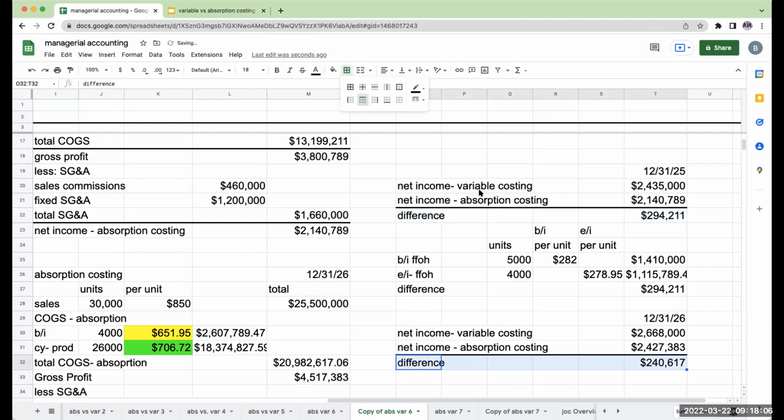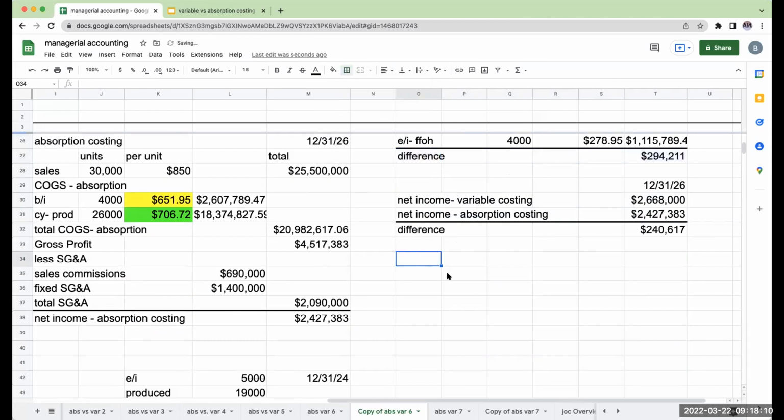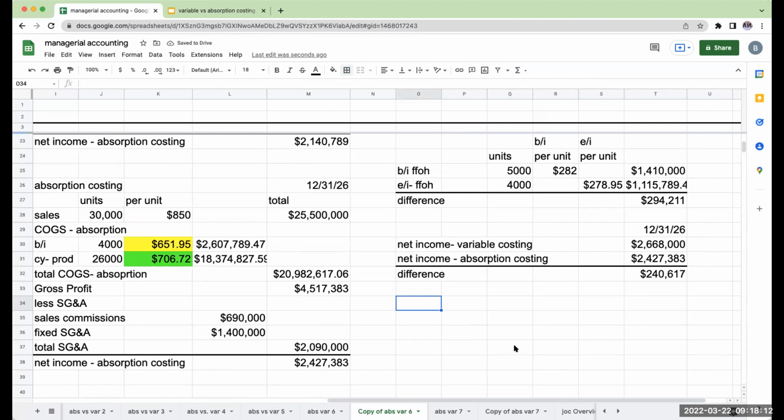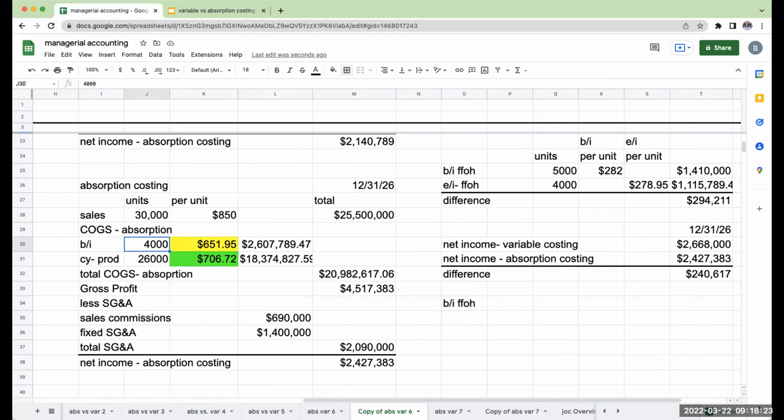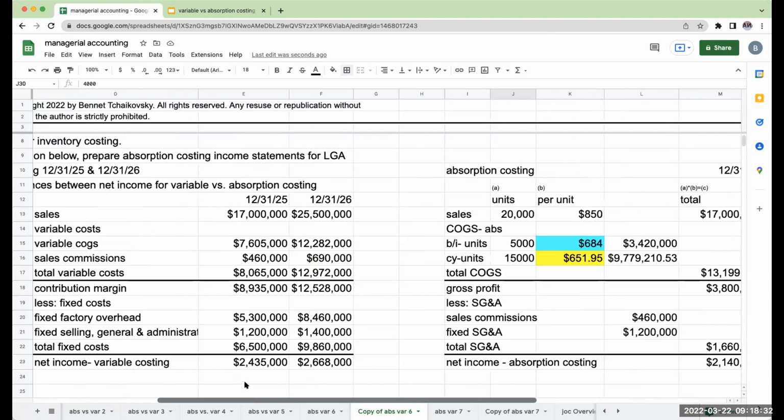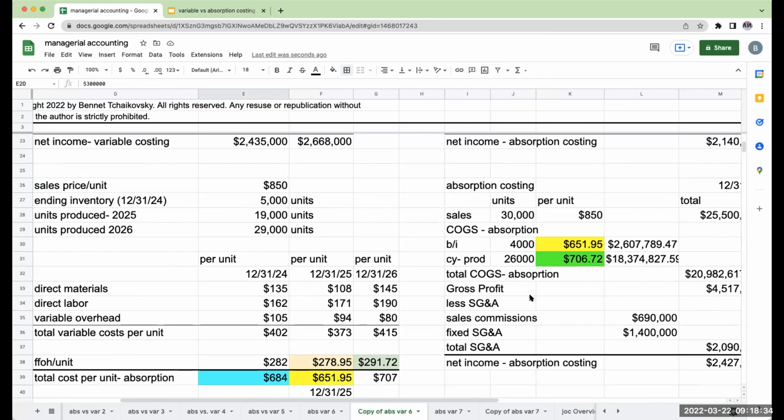The difference in these types of problems is always going to come from the fixed factory overhead. So my beginning inventory fixed factory overhead is going to be how much? For the second year of absorption costing, this beginning inventory fixed factory overhead was already expensed in the prior year as part of this amount here.